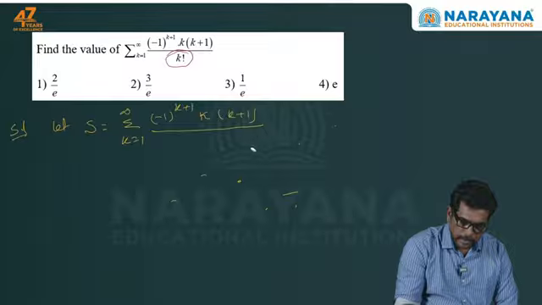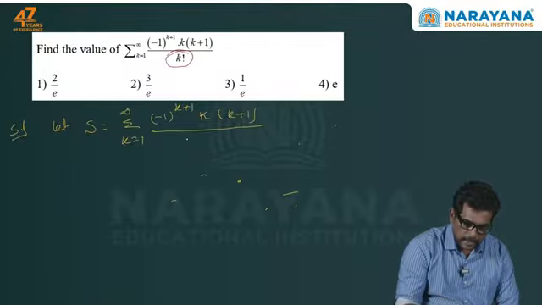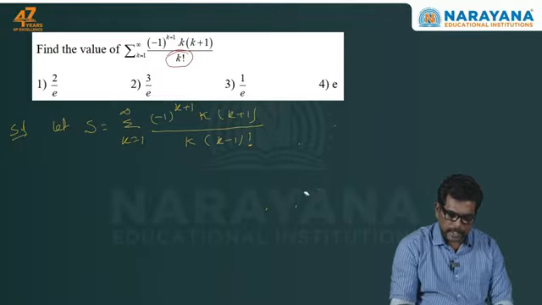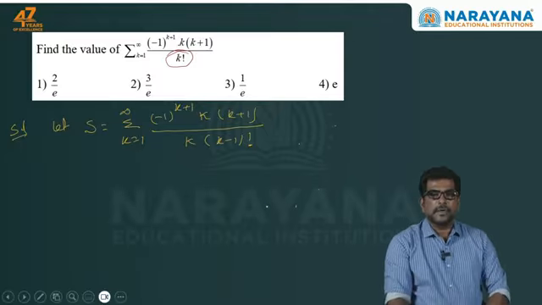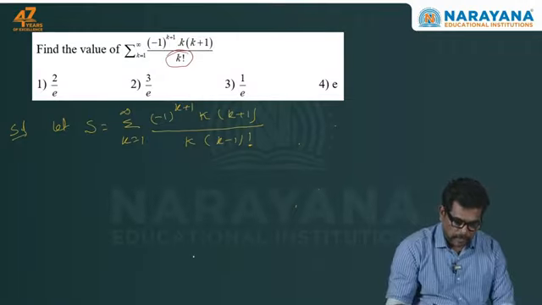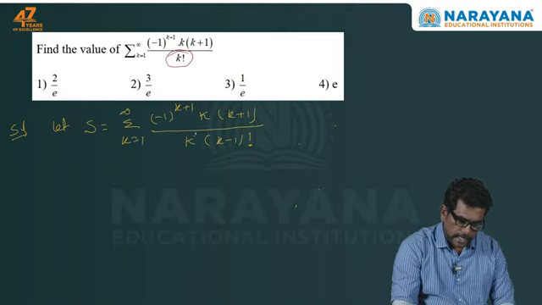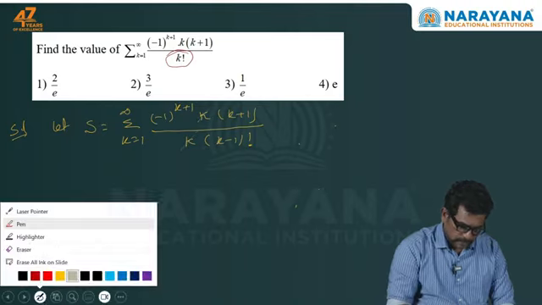That k factorial I am writing as k into k minus 1 factorial, using the formula n factorial is equal to n into n minus 1 factorial. Here the numerator and denominator both have k as a common factor. K cancelled.